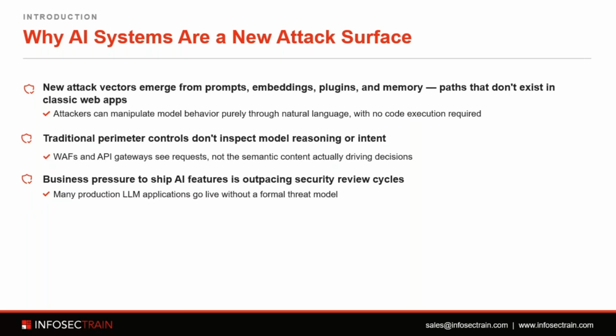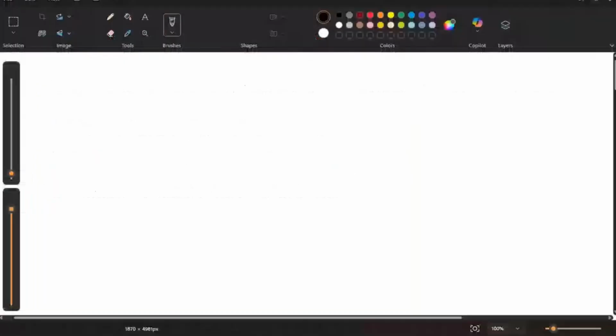Now, for those who are not aware of AI or are new to it, there are a few things you should know. The very first thing is the Turing test.